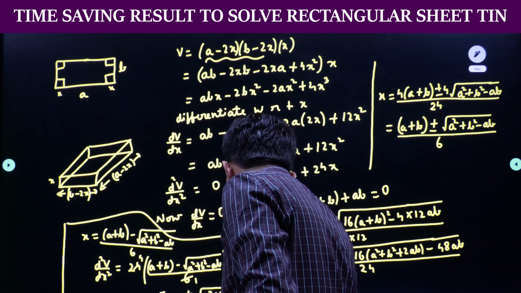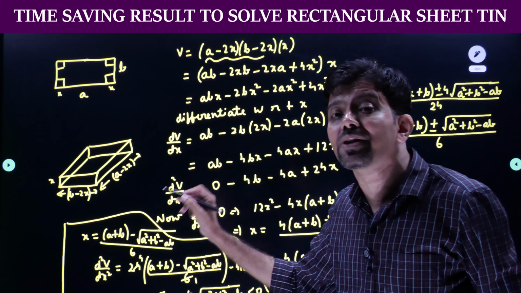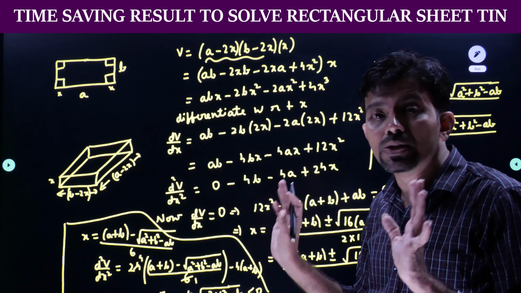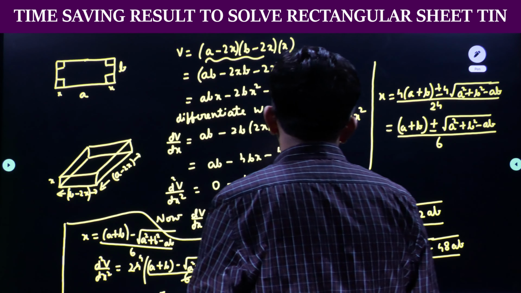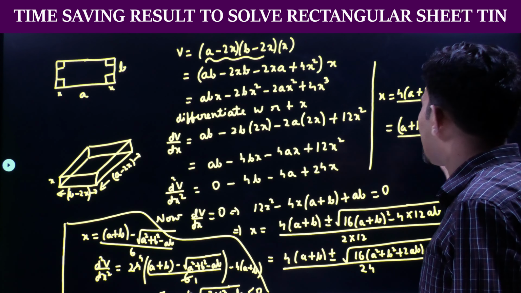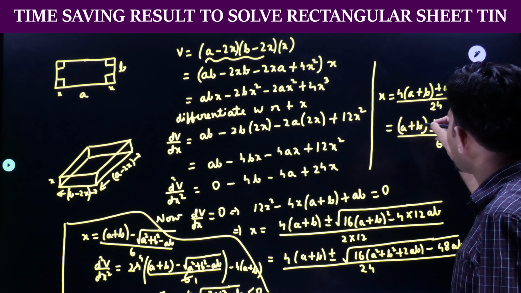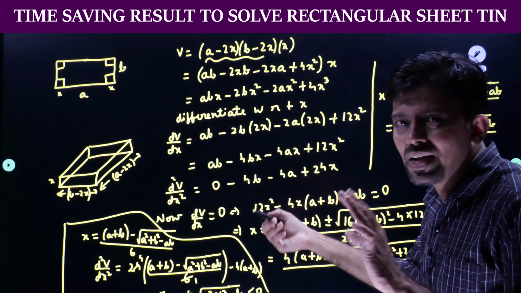Showing that the second derivative is negative when x is equal to a plus b minus root of a square plus b square minus ab by 6. So that volume of the box is maximum. Correct? Hence we got the answer. The other value, if you take it, becomes positive, so reject the other value. Taking the positive sign, I will get the second derivative as positive, so I won't take that.